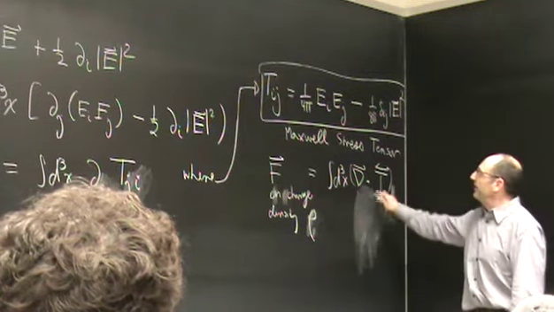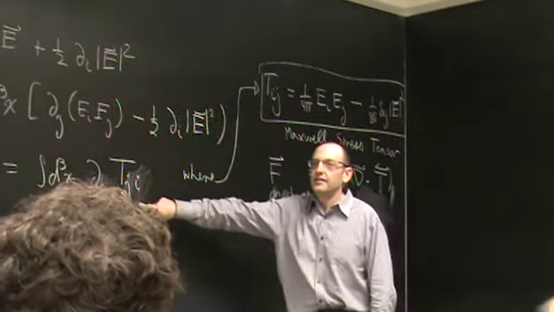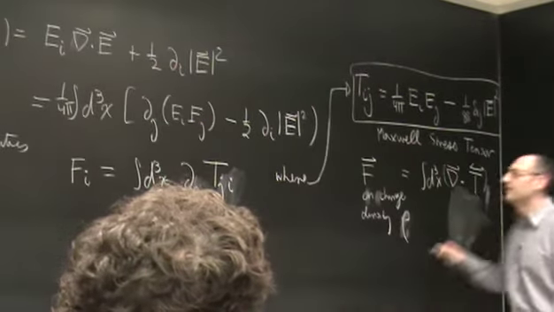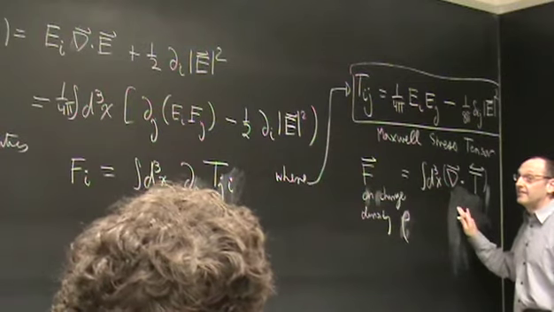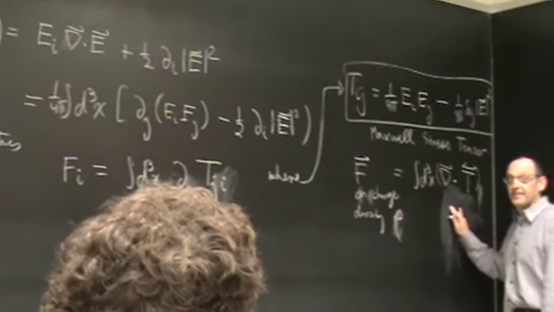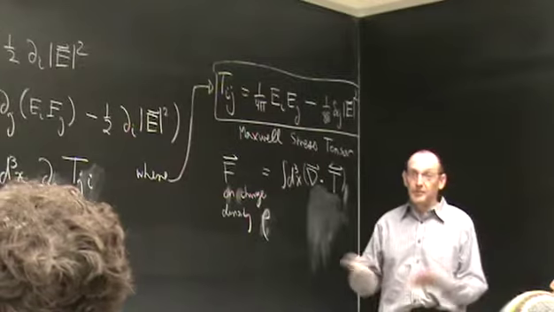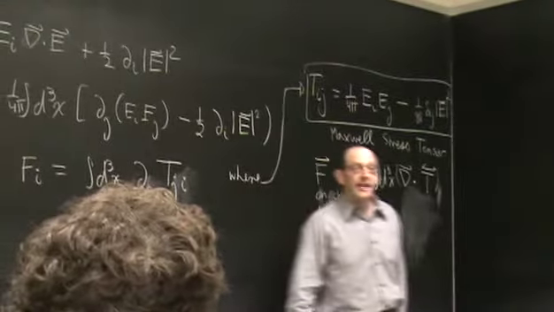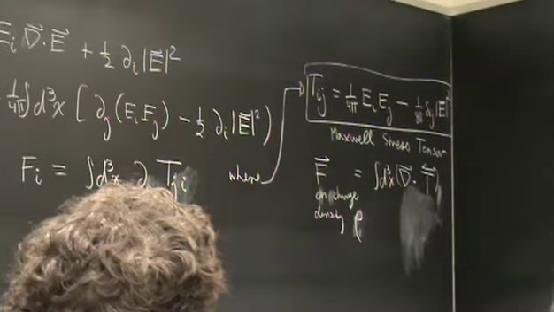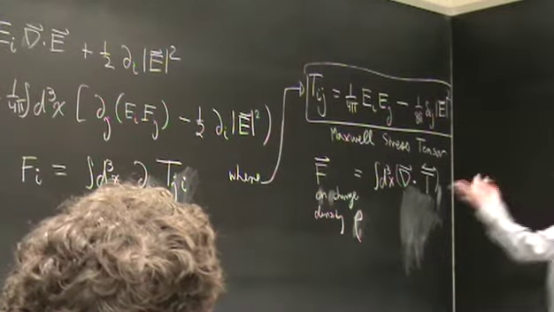Is everyone clear that this is the same as this? This is the divergence of the tensor. The divergence of a tensor is a vector. The divergence of a vector was a scalar, because we're contracting one index. It has to be, because we're talking about momentum here.